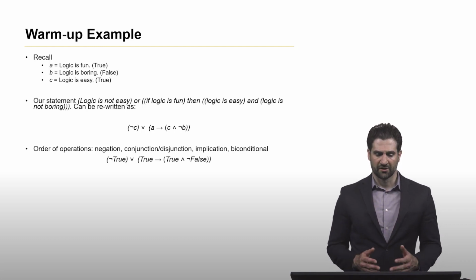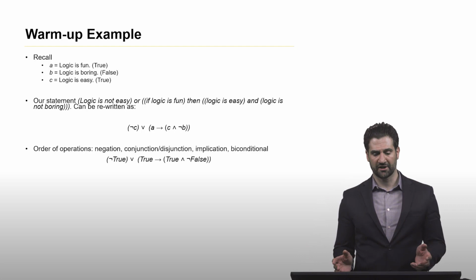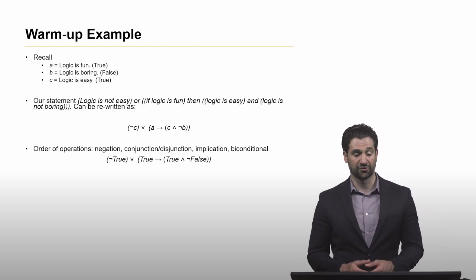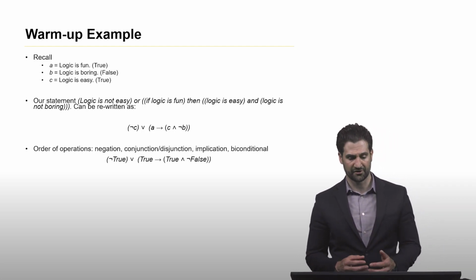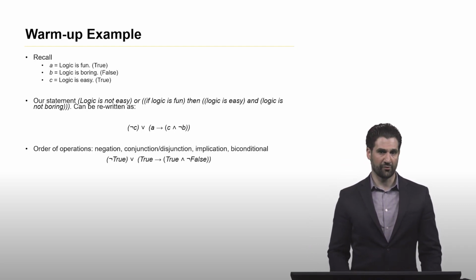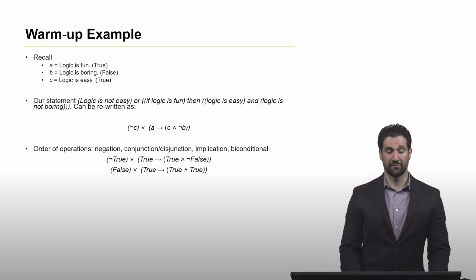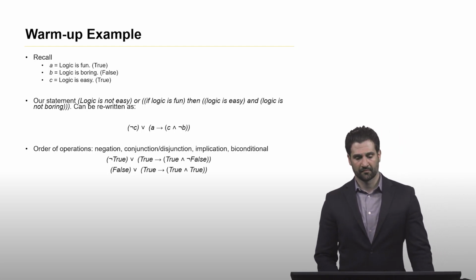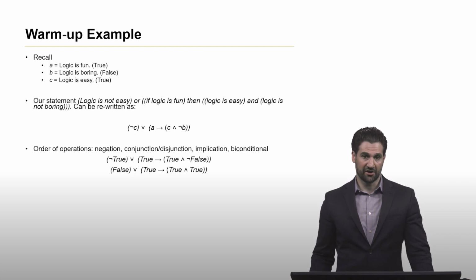So here we can plug in the initial truth assignments to the variables, in the same statement as above. We can right away see that not true can be replaced by false. We also have the negation not false, which can be replaced by true.